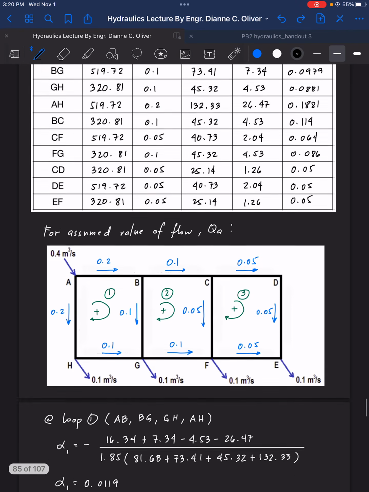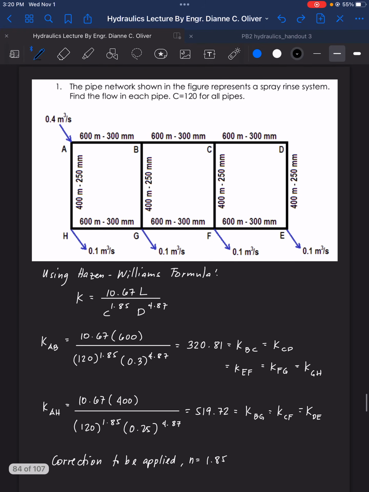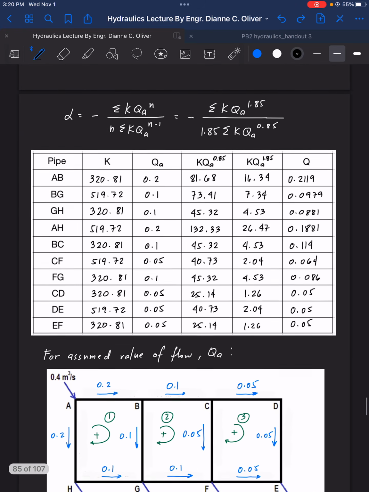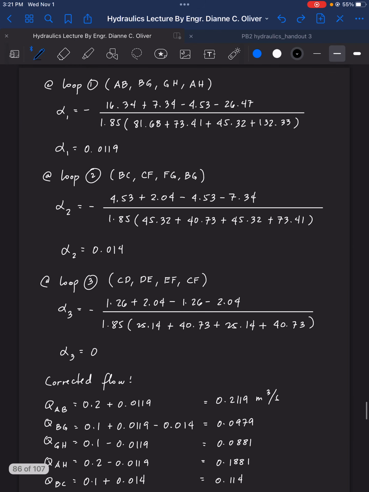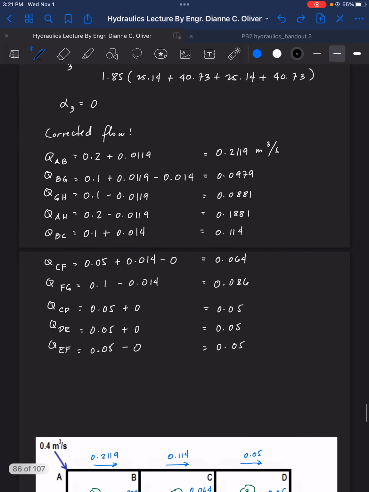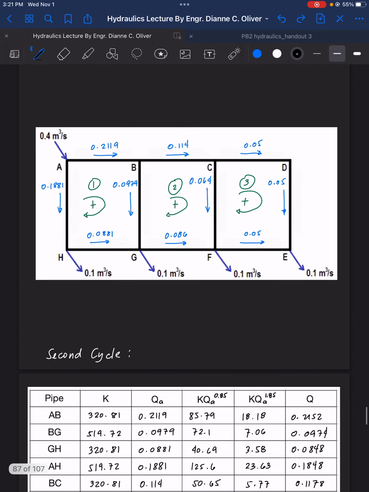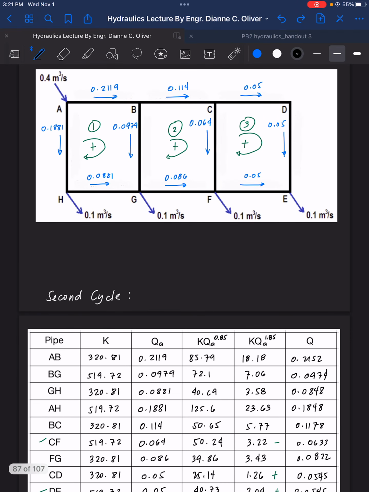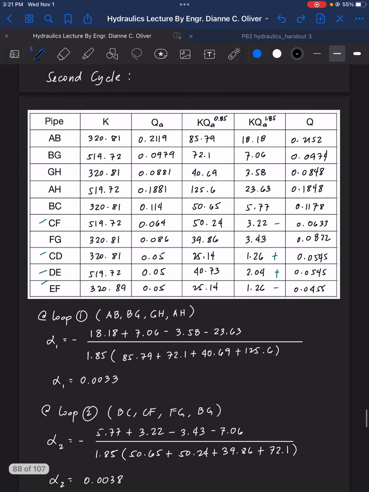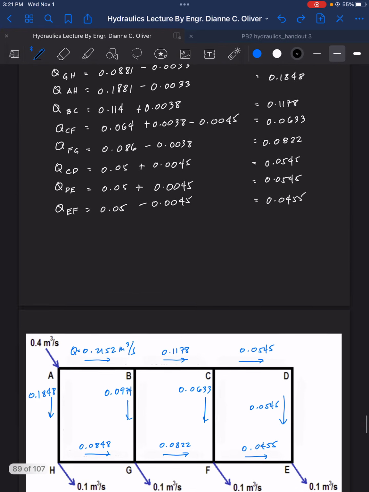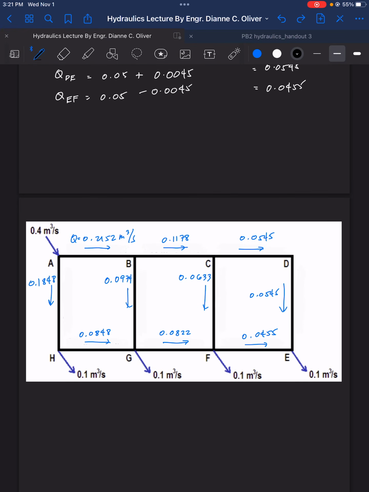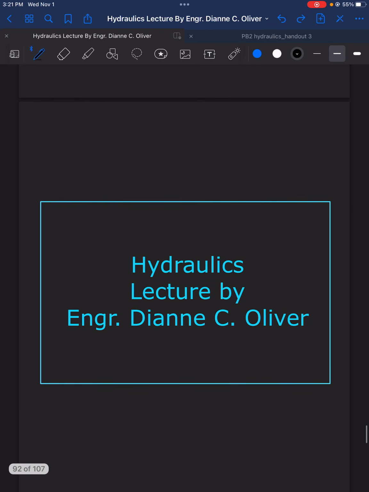For a screenshot here for the example: directions, corrected value, then for the second cycle, and then the corrected flow. So that's all for this video.